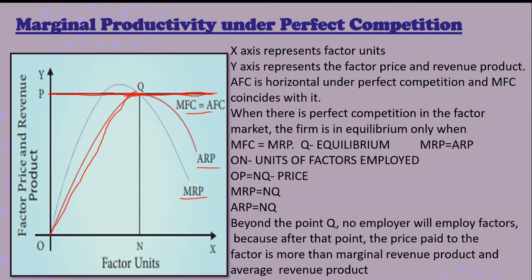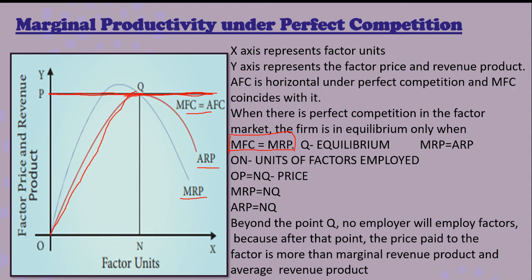When there is perfect competition in the factor market, the firm is in equilibrium only when MFC is equal to MRP. This is the first condition for equilibrium: the MFC curve must be equal to the MRP curve.